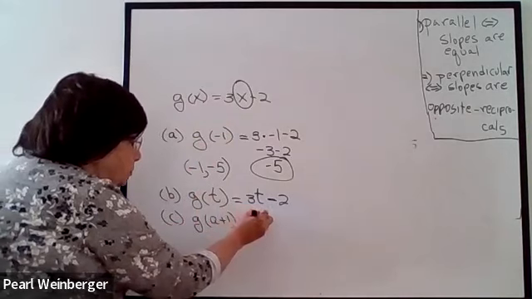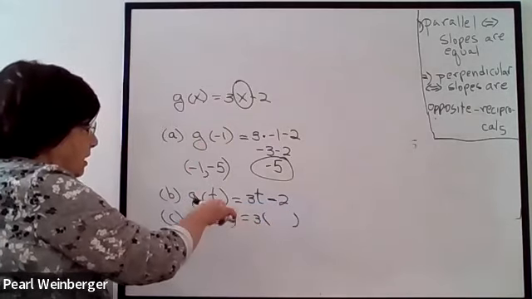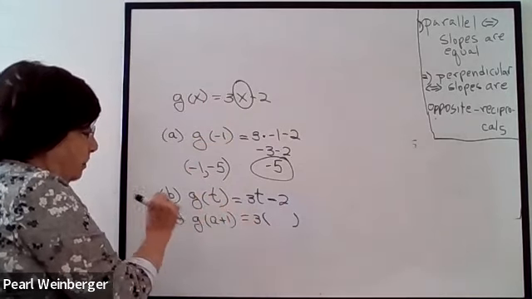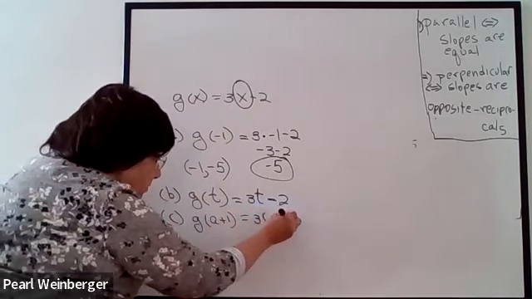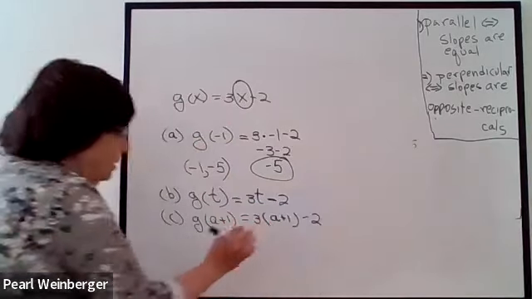So therefore, this will become 3. I have to put a parenthesis because I have to make sure that I'm putting the whole a plus 1 in there. So in place of x, I'm putting a plus 1, minus 2.